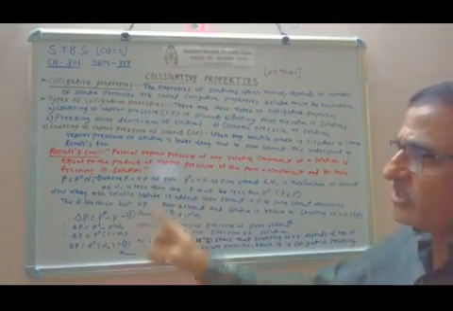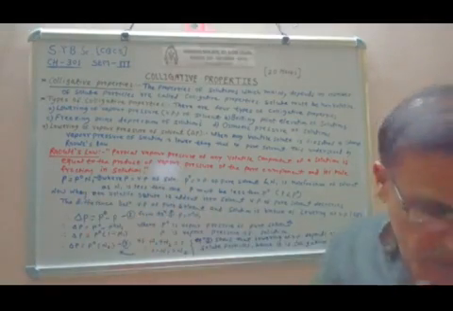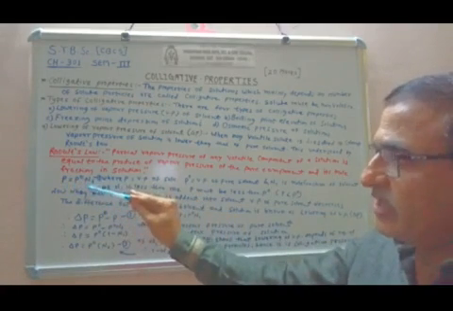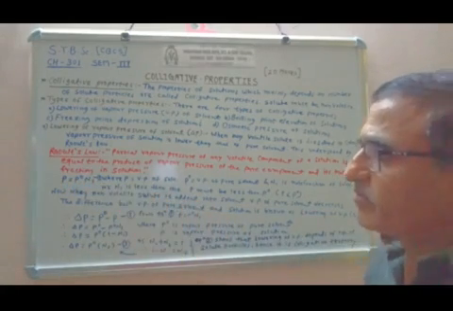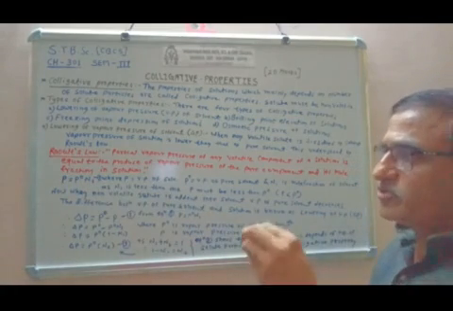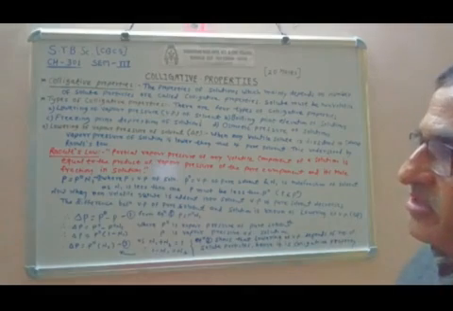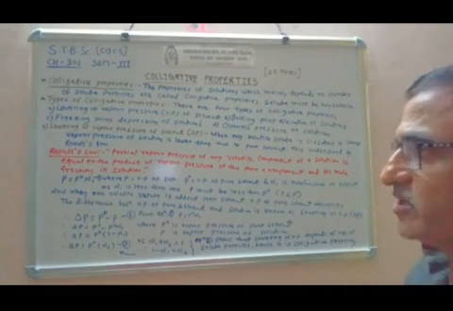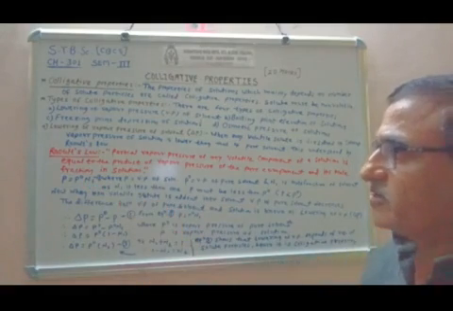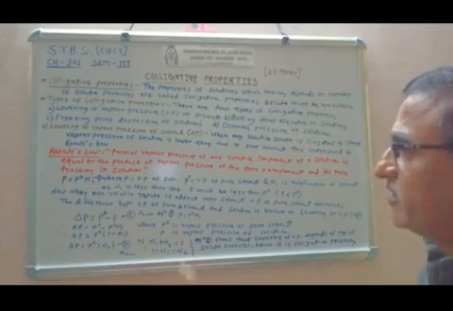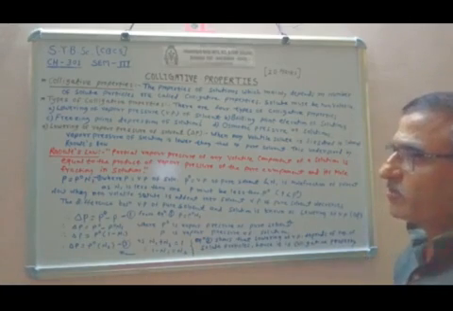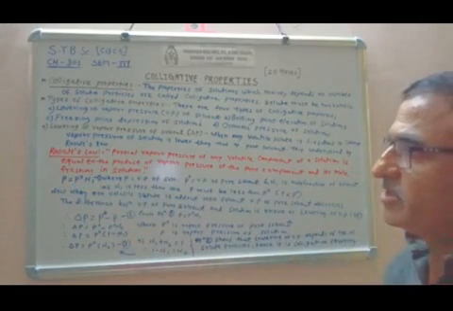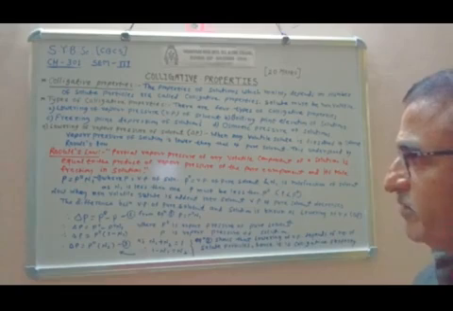Mathematically, this can be written as P is equal to P0 into N1, where P is the vapor pressure of the solution and N1 is the mole fraction of solvent.